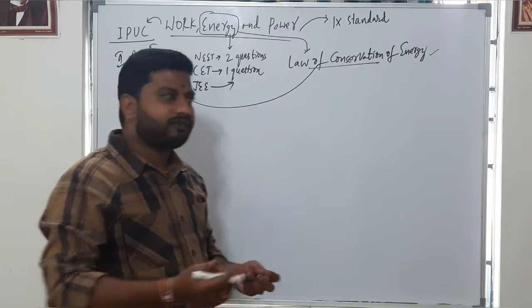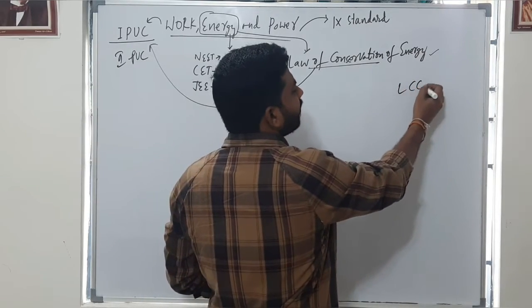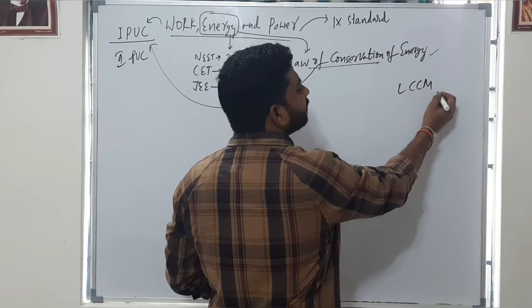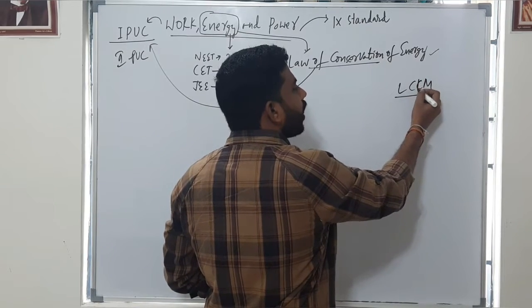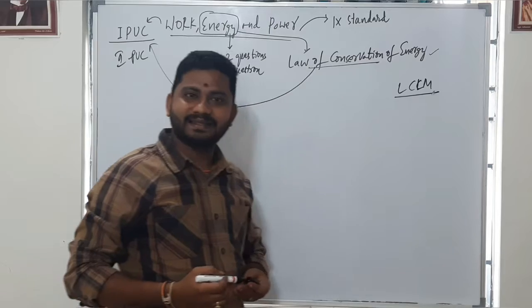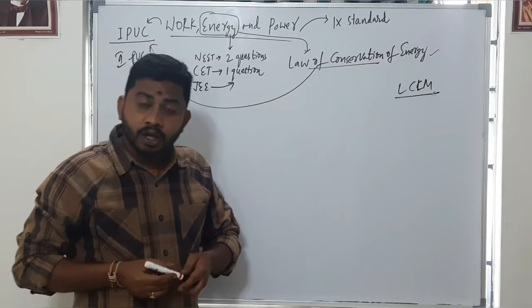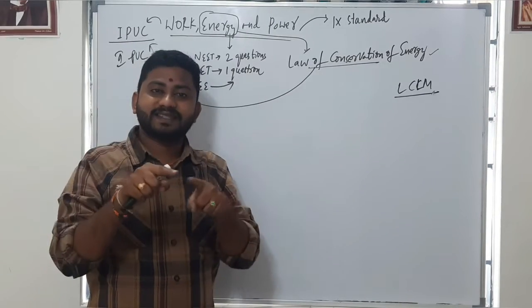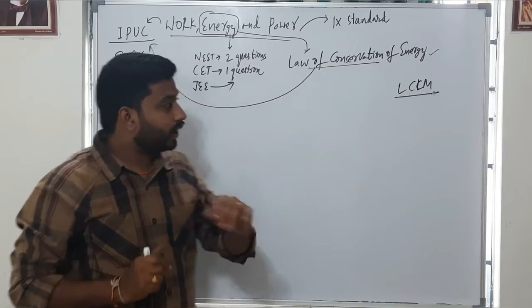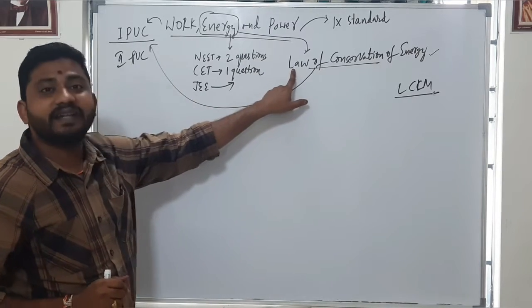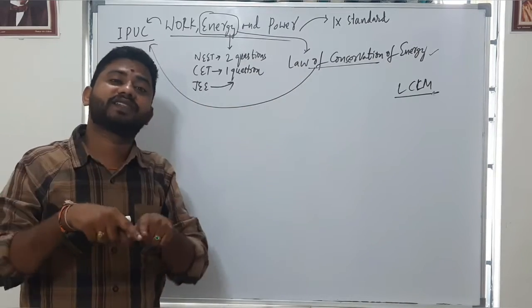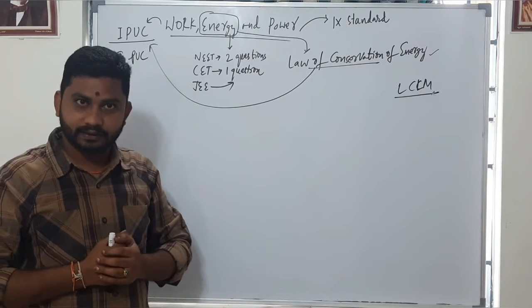Law of conservation of linear momentum we had already finished in the last chapter, where the total linear momentum of the system remains constant, whereas in the law of conservation of energy, the total energy of the system remains constant, right?